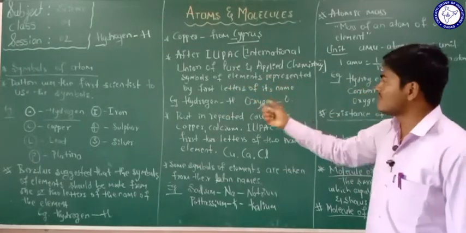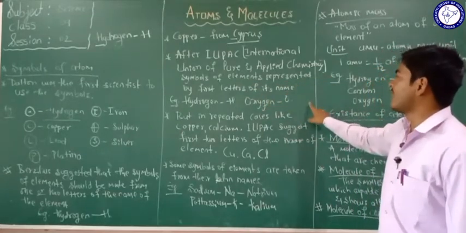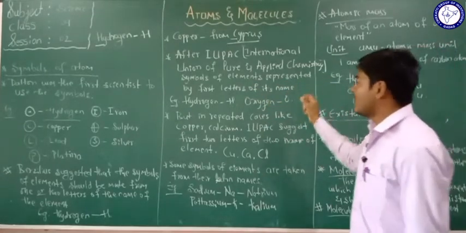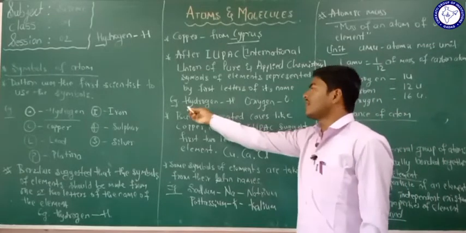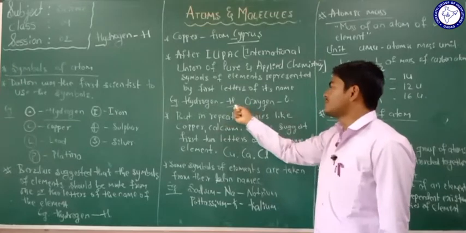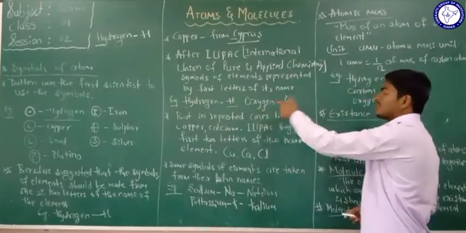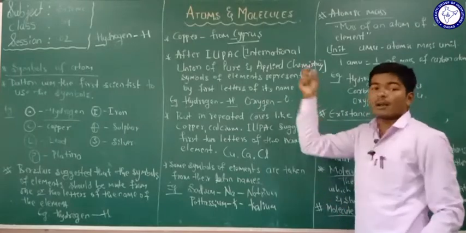For example, hydrogen we represent by the symbol H, the first letter. The second one is oxygen, so that is O. Like that, carbon, C.